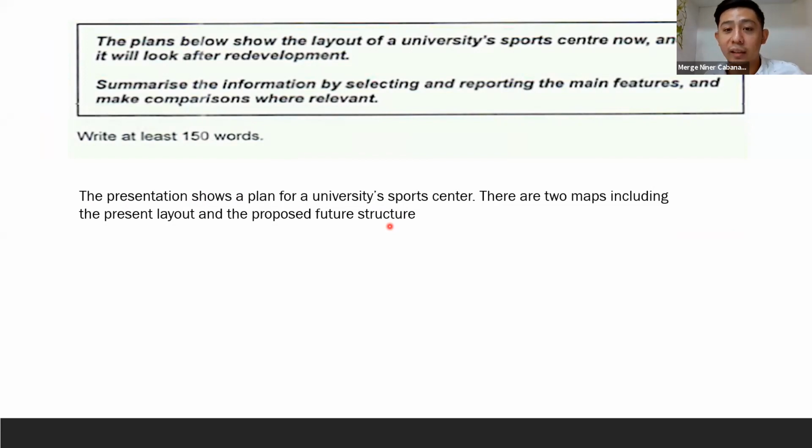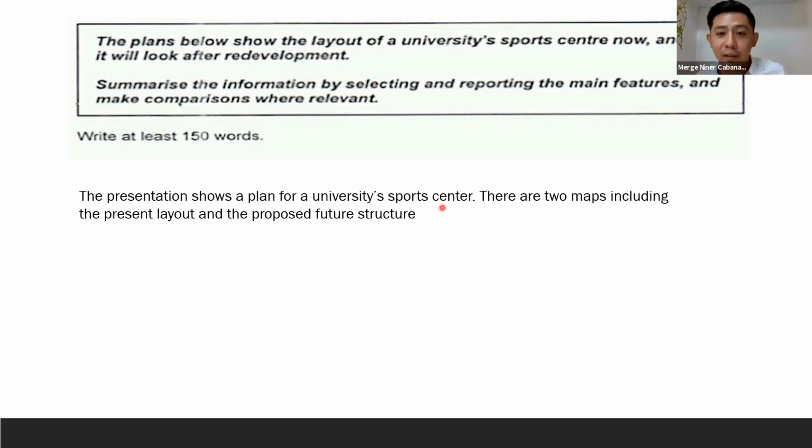The first line is about the university sports center. So you just have to divide where the important information will be featured in your introduction. This is just my sample.